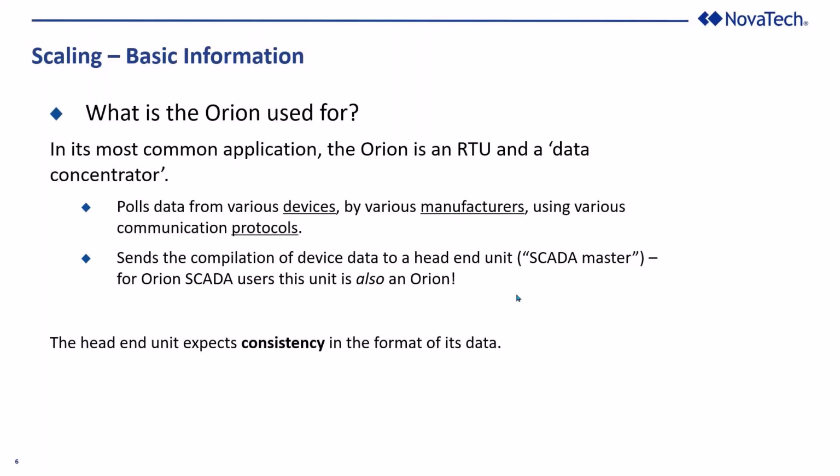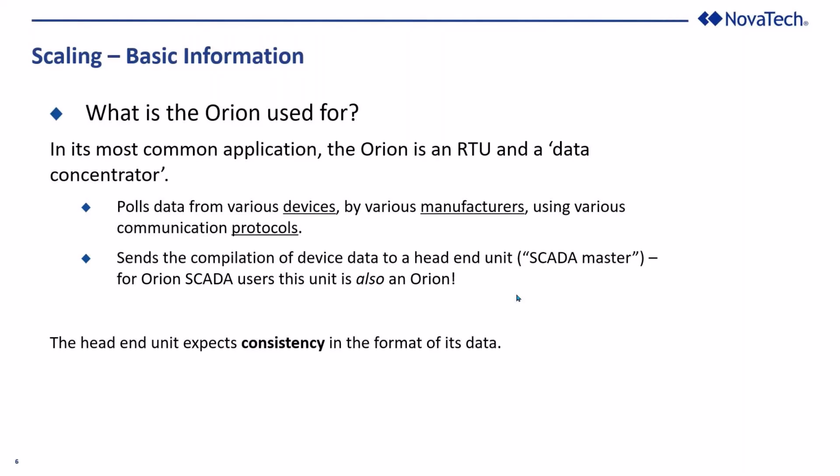Now, some utilities on this call, we have some customers that really just use the Orion as their SCADA solution. We just refer to it as Orion SCADA. And in that case, that SCADA master unit is also an Orion. So what I'm talking about here would apply not only to the RTU data concentrator type Orions, but also the SCADA master Orion.